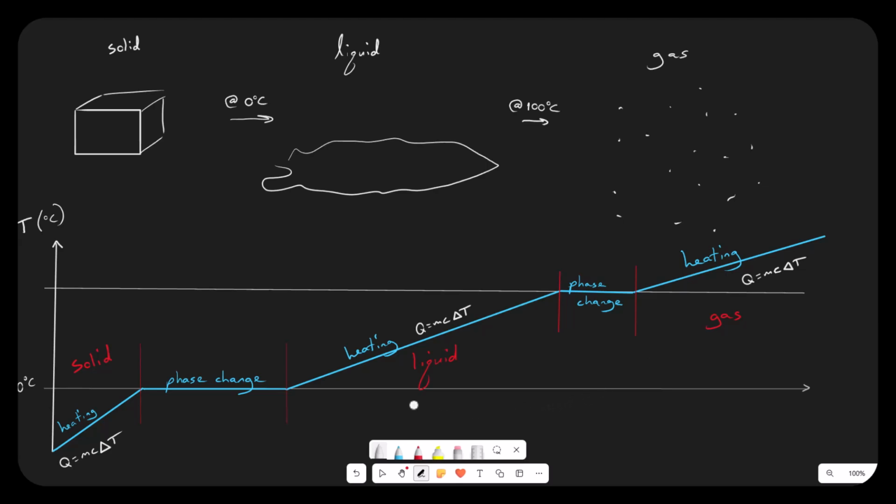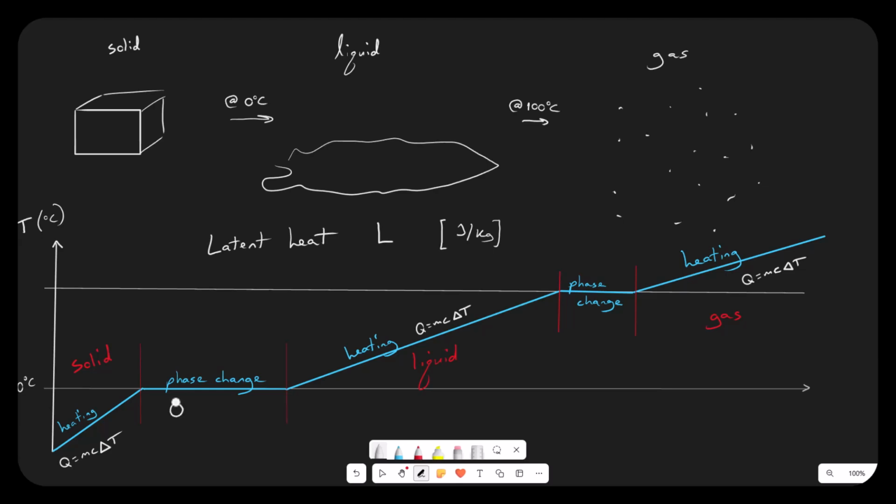During these phase changes, we would have a temperature change of 0. It's steady. So over here, what we use is something called latent heat, which we give a capital letter L. Latent heat has units of joules per kilogram. And that's what's going on here.